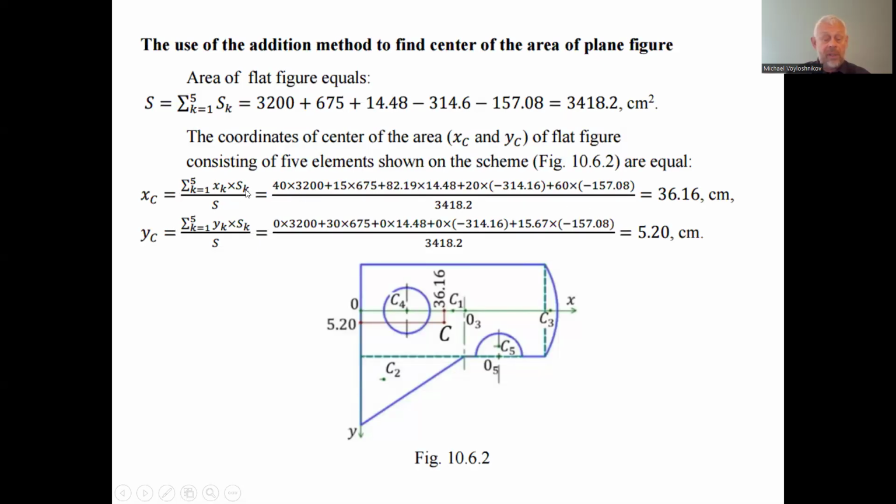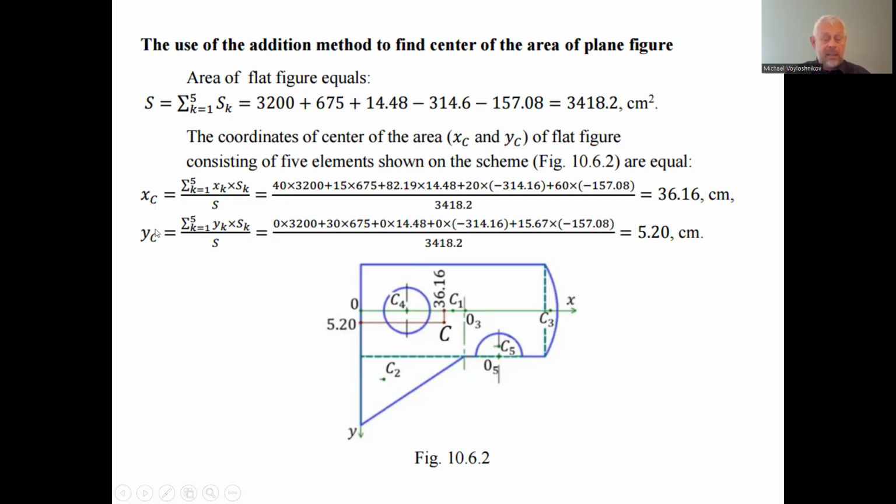Here we have the static moment of the area, relative to the assigned coordinate system. The coordinates of the center of the area equal the static moment of this area divided by the area. If you divide the static moment by the area, we get the coordinate of the center: the abscissa of the center of the area of this figure.